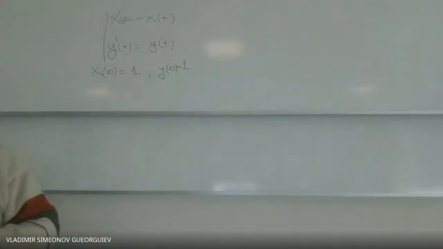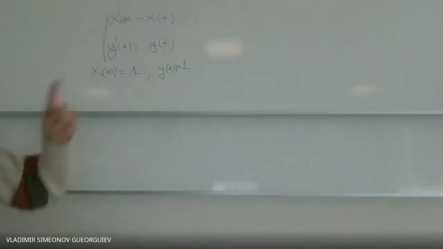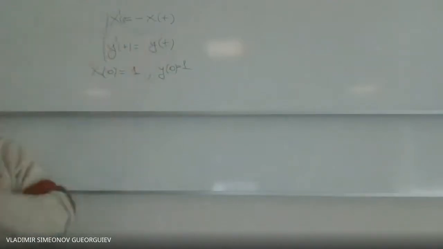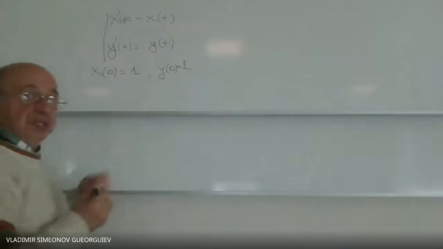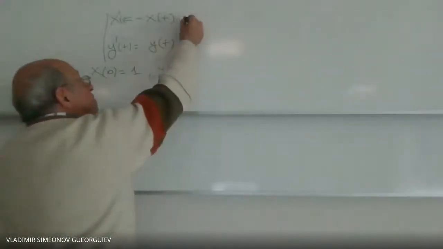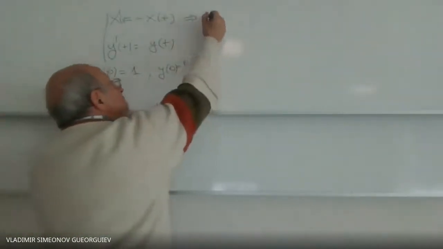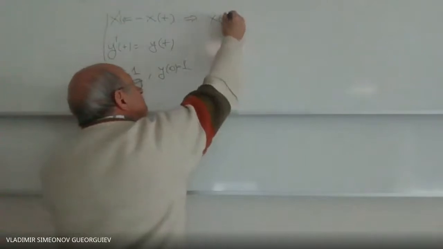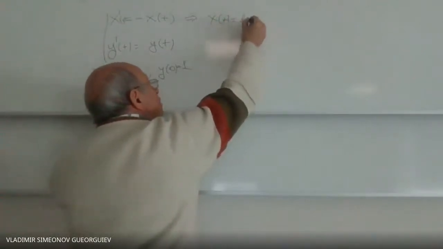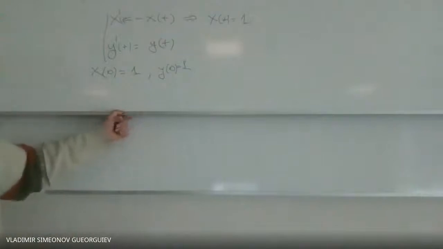Now, what do we have to do? First of all, in order to know our picture, we shall try to solve these equations, because they are very simple. We know the solution. The first equation can be solved explicitly, so x(t) shall be equal to our initial data 1.